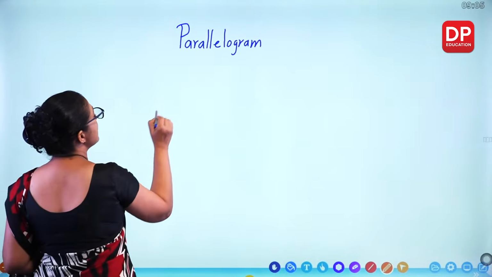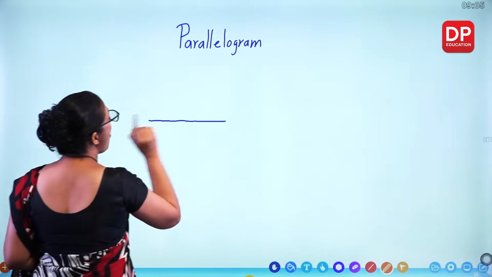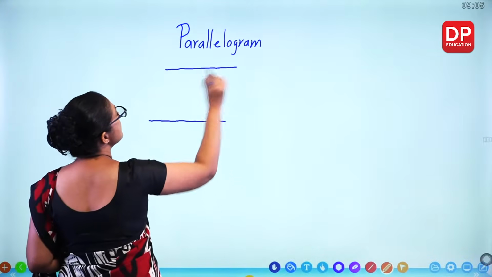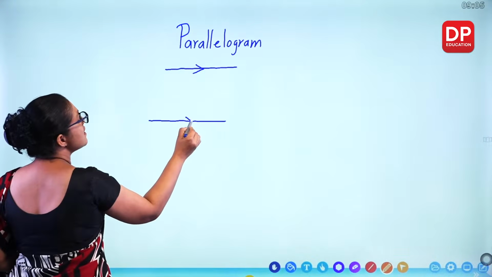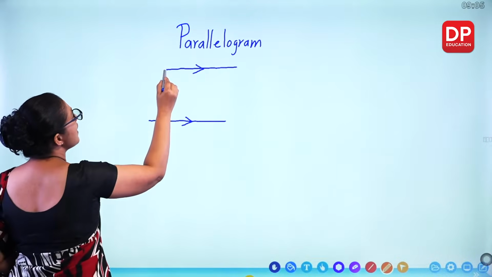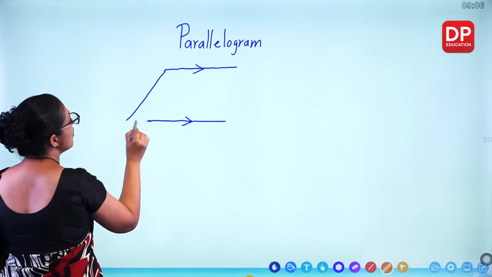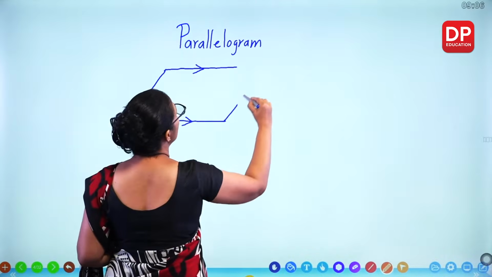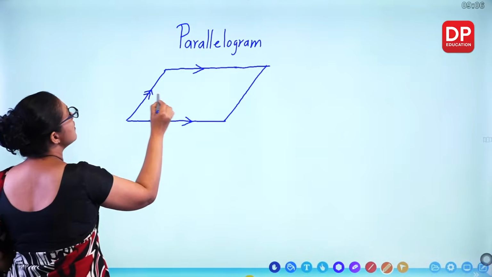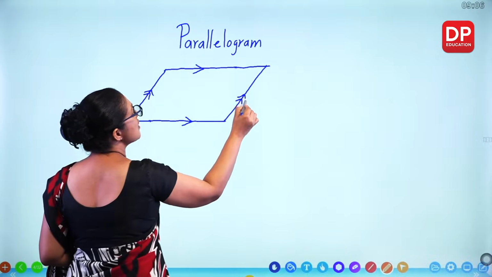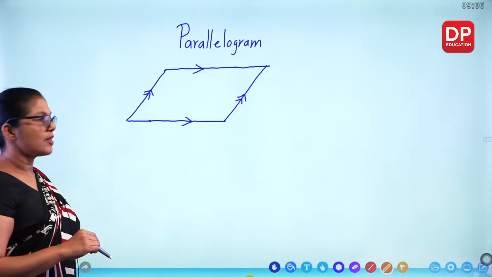So when you take a parallelogram, opposite sides are parallel. This line is parallel to this one and I can draw this one parallel to this one. So this is called a parallelogram.